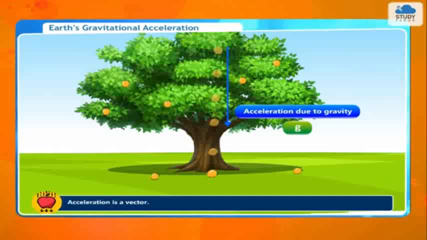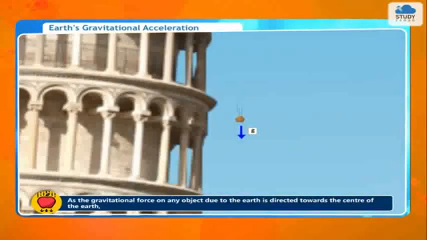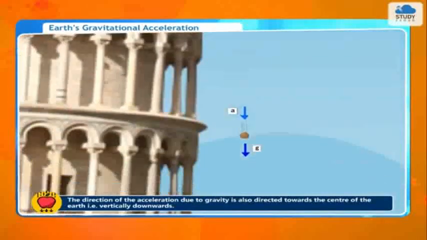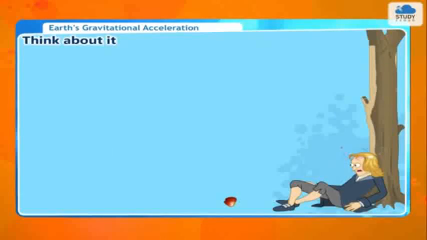Acceleration is a vector, as the gravitational force on any object due to the earth is directed towards the center of the earth. The direction of the acceleration due to gravity is also directed towards the center of the earth, that is, vertically downwards.